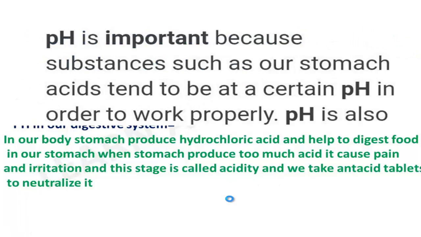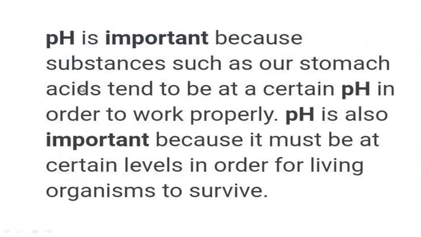So in this way, pH is important because substances such as our stomach acids tend to be at a certain pH in order to work properly. pH is also important because it must be at certain levels in order for living organisms to survive. That means in every case we should maintain the proper pH to get the proper function of that substance.